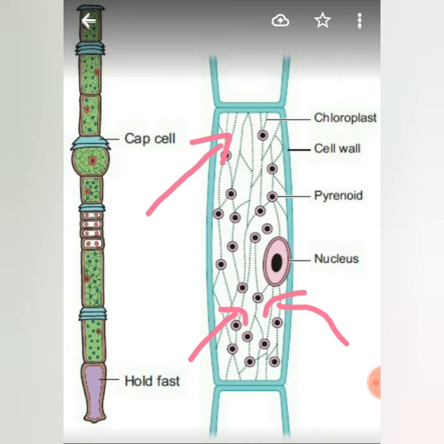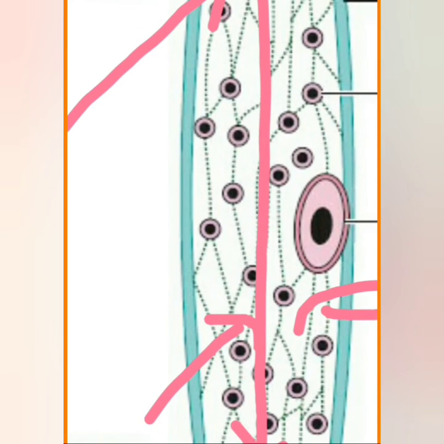And these chloroplasts remain embedded in the cytoplasm. As you can see, the chloroplast, in green color, extends from one end of the cell to the other end. You can see how these chloroplasts are arranged in the form of a network.